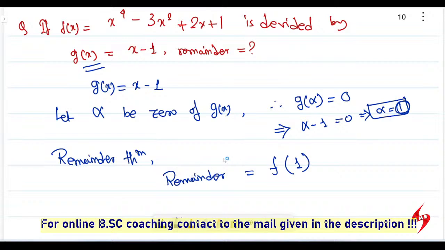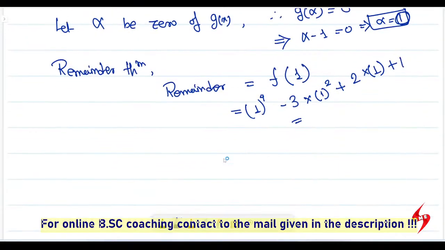So what will be the f of 1? F of 1 will be 1 to the power 4 minus 3 into 1 to the power 2 plus 2 into 1 plus 1. Definitely that will be 1 minus 3 plus 2 plus 1, and that is again 1.